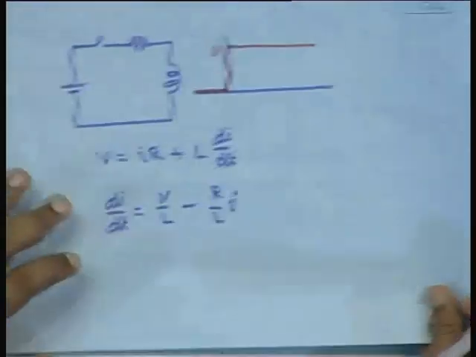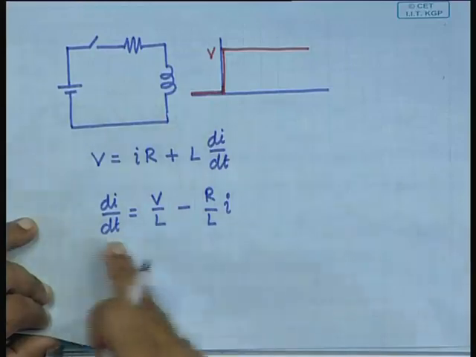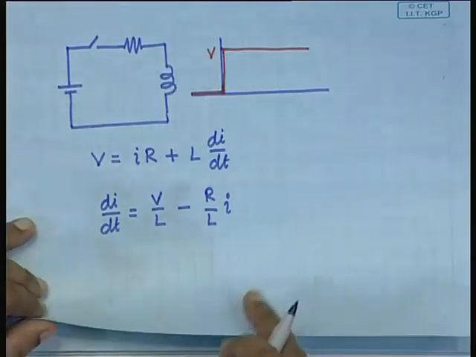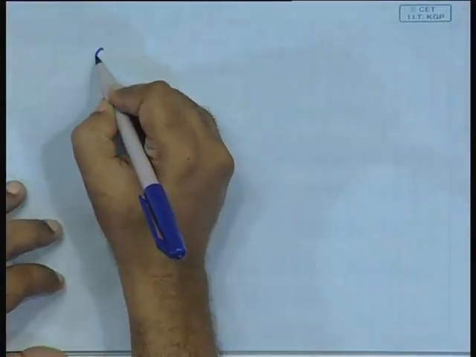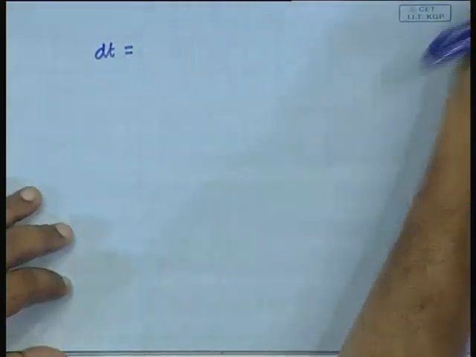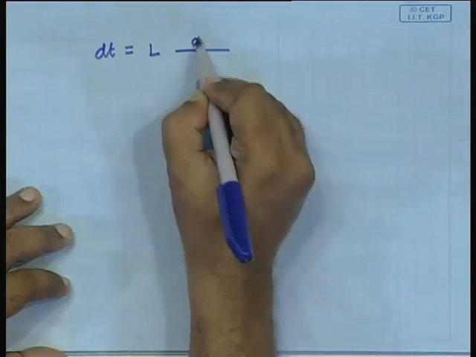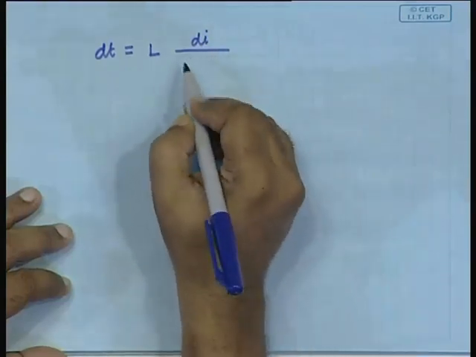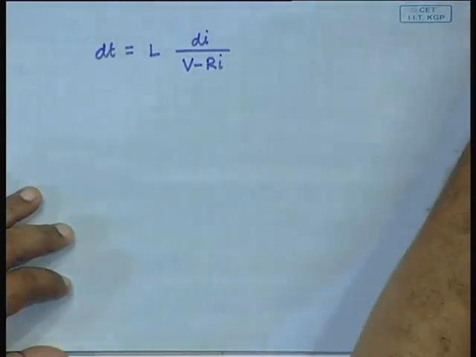The way you have learnt to solve it is by separating the variables. If you separate the variables, dt comes on one side and I and dI come to the other side. So you will write dt is equal to L becomes common, L dI by V minus R I, right.